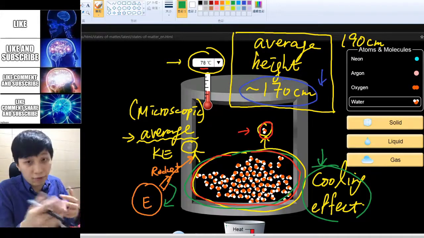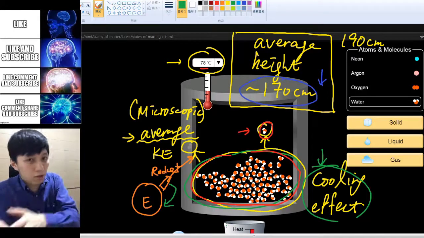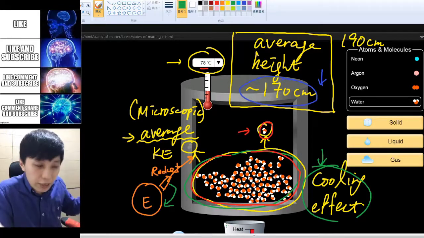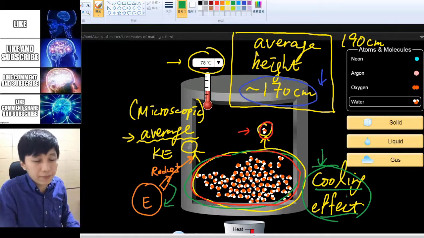That is from biology, the idea of respiration, that produces energy, and energy converts to heat. If you overheat your body, it's not good. So that's why we need the cooling effect, and that is done by the evaporation of the sweat.